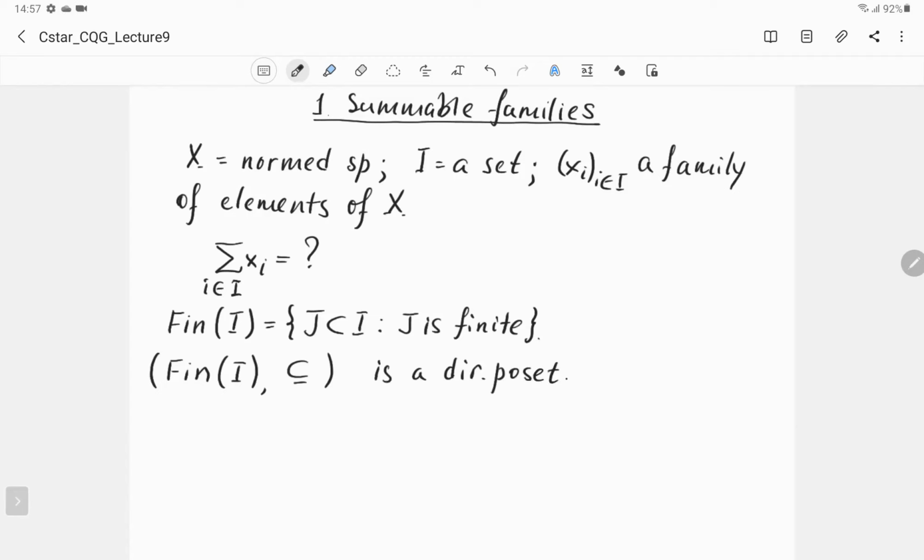Clearly, it is directed because the union of two finite sets is finite. So now for each finite subset J of I, we denote by x_J the following finite sum. So we take the sum of elements in our family over the finite set J.